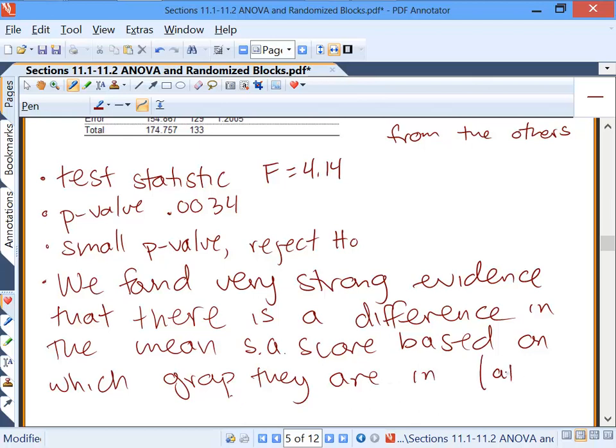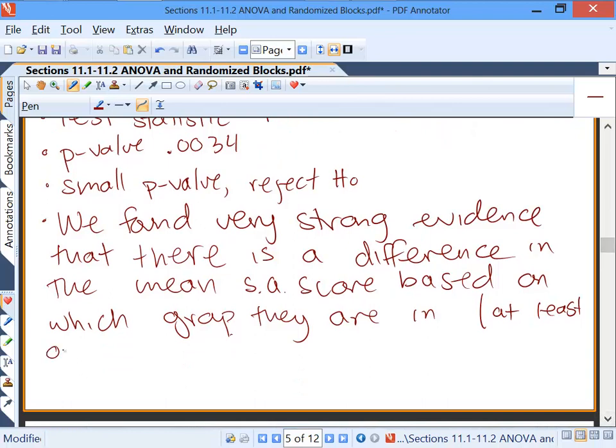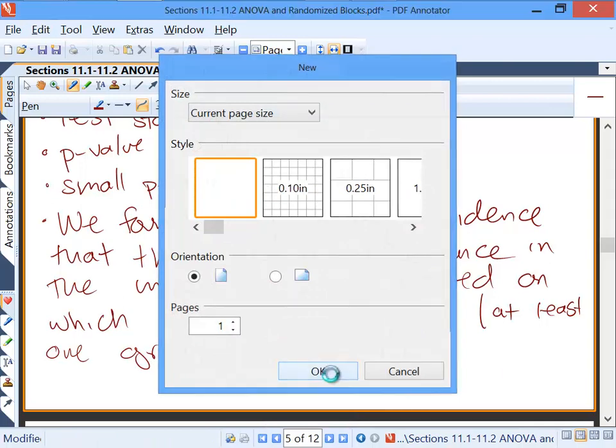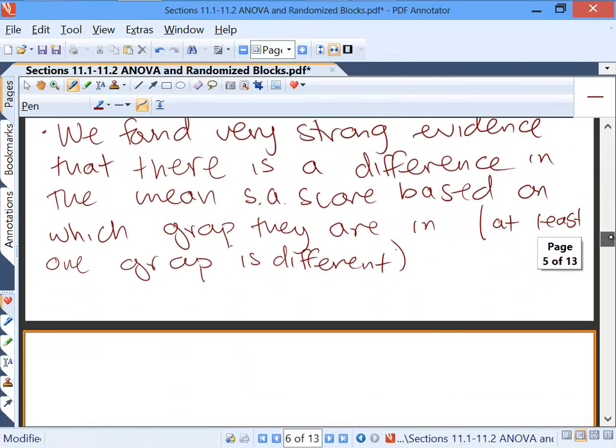But really all we know is at least one group is different. We don't know which group is different, right? So we found very strong evidence that there is a difference in these group means, that at least one of the group means is different from the others.